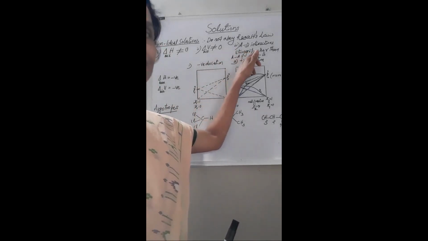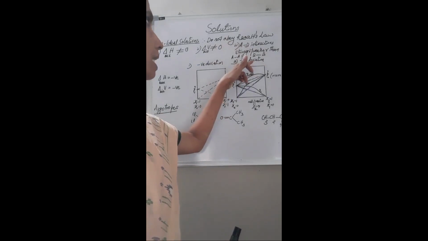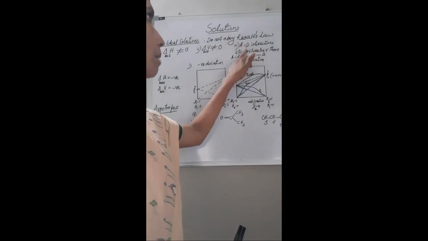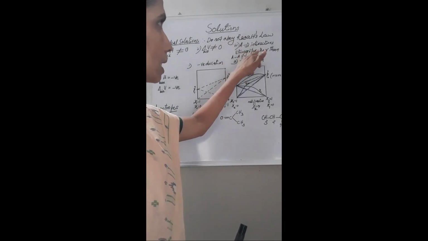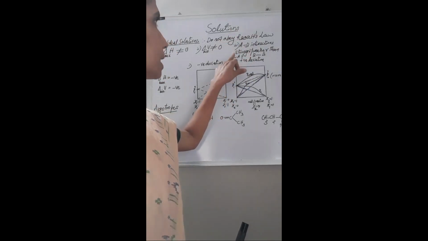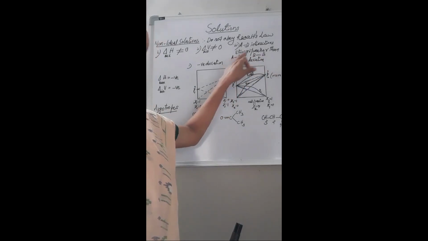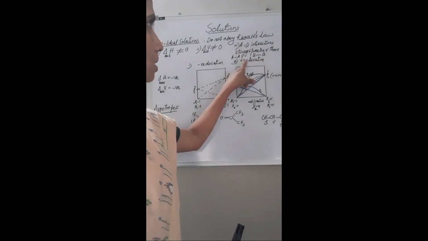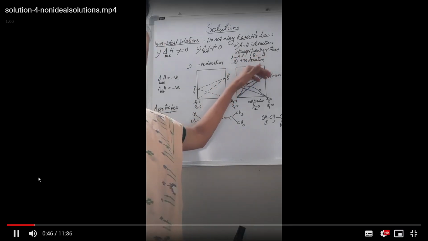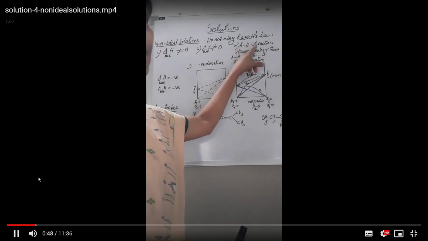Also, the interactive forces on mixing will be different, stronger or weaker than those present in the pure components. If the two pure components are A and B, the A-A and B-B interactions will be different from the A-B interactions.